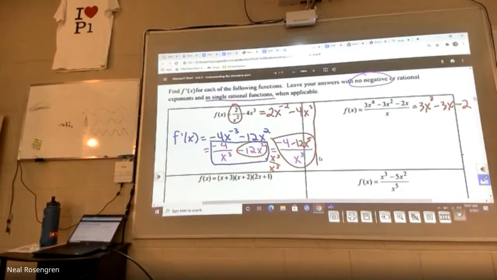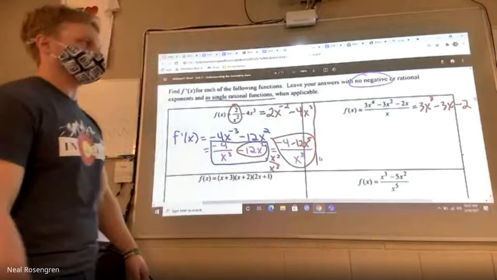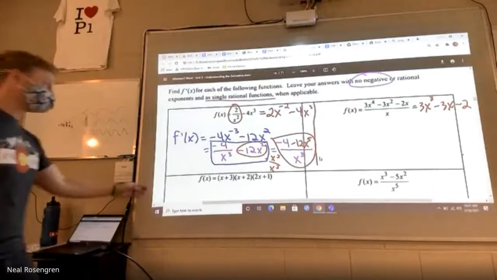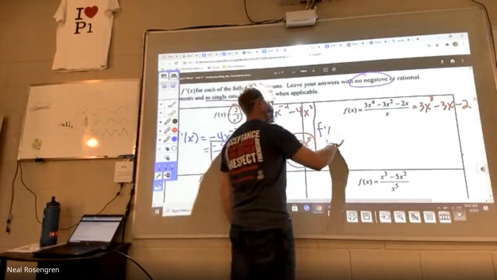Just divide everything by that x, or by that x squared, or by that 3x cubed, or whatever it is that we're trying to divide by. Again, that's not the derivative, that's just a function. So let's jump in and find the derivative now that it looks like that.